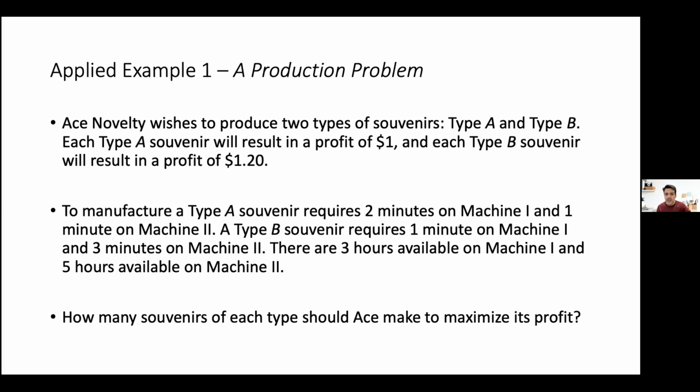We have all types of these numbers in here, and it's kind of a crazy situation. But if you summarize everything that you know on paper, you can deal with that. And it's going to be better and easier to understand and easier to solve. So the question is how many of each type they should produce to maximize the profit.